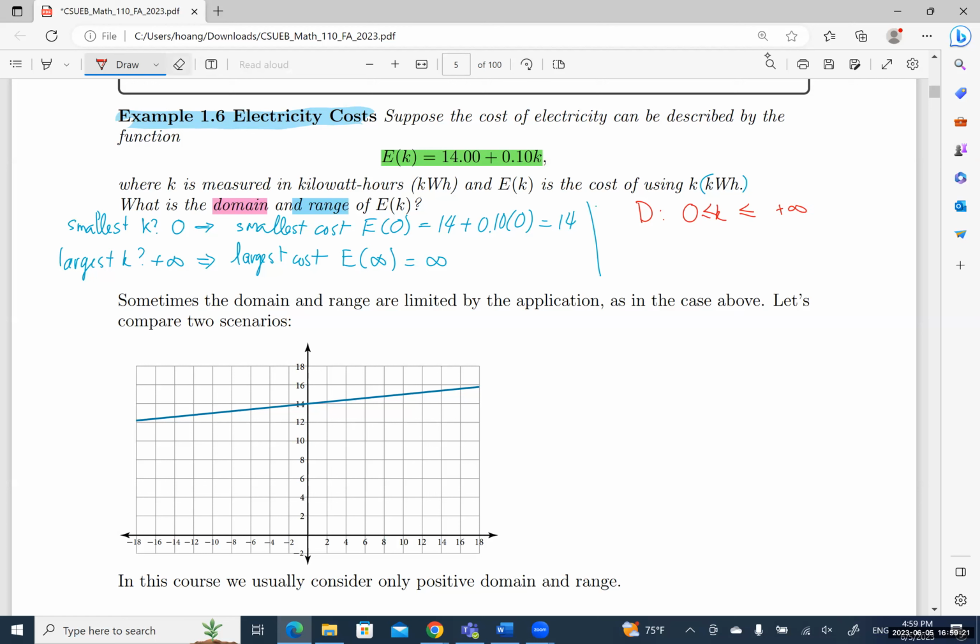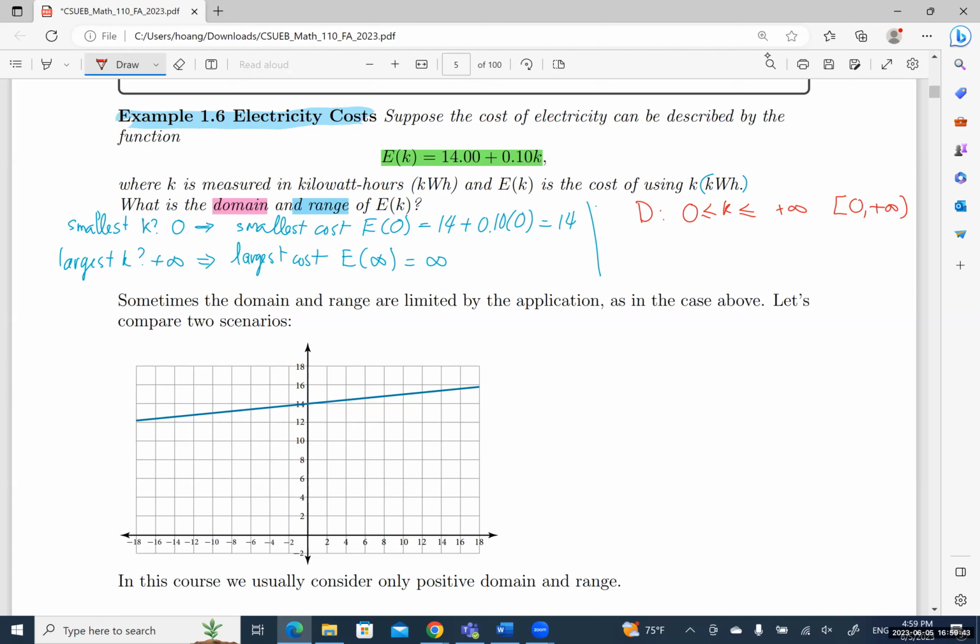Minimum and maximum there. Or in the interval notation, you can say 0 comma positive infinity and parenthesis there.